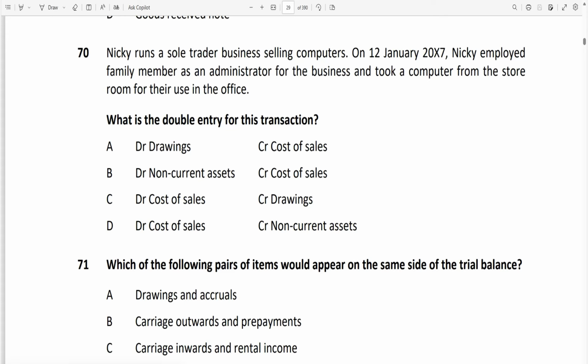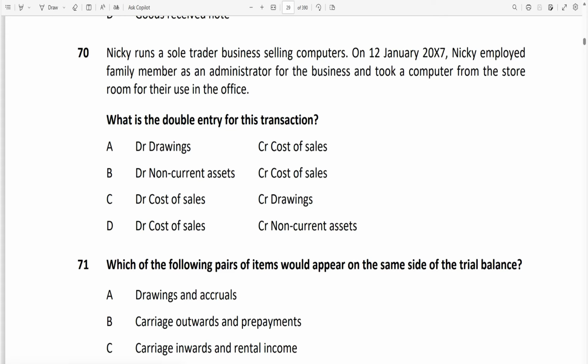The computer is being used in the business, not taken for personal use. If it had been taken for personal use, then it would be drawings, and option A would be correct. But in our case, the computer has been taken to use in the business, right? So it becomes a non-current asset, office equipment for the business.